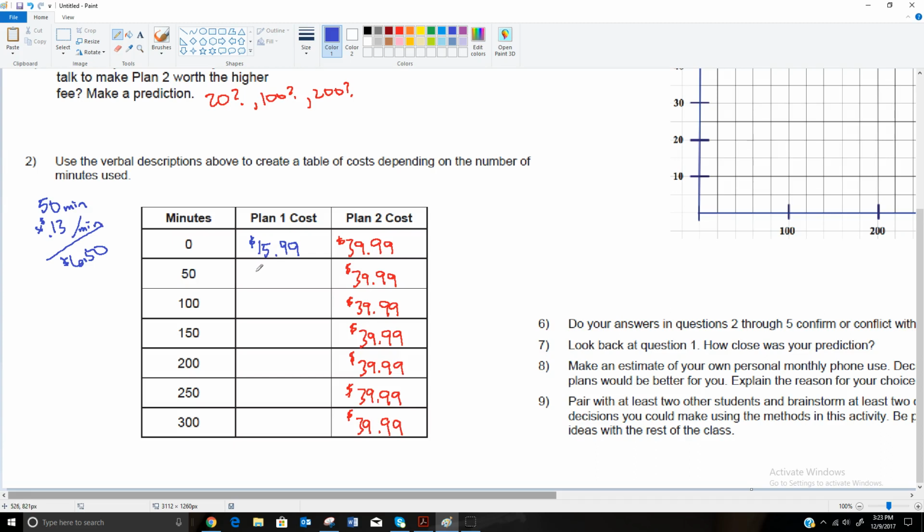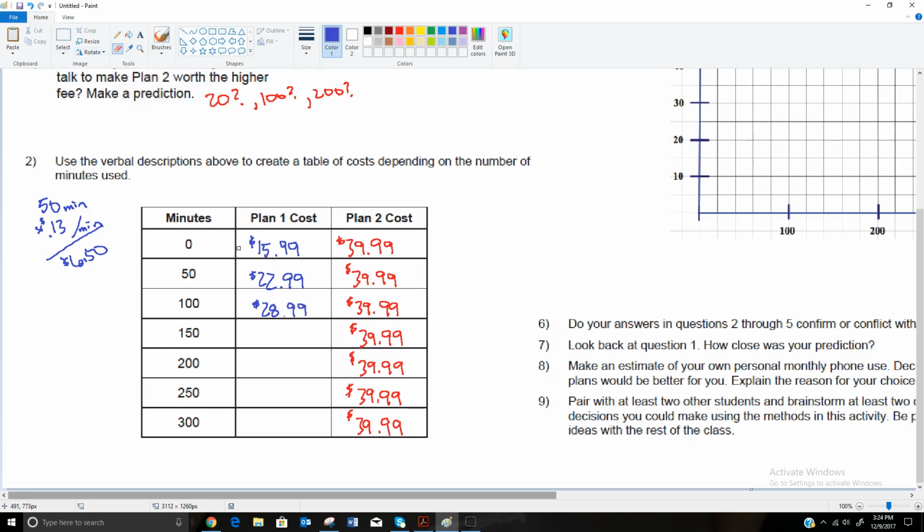It's essentially 16 plus 6.50, but so $24.90. I'm sorry, $22.99. And then we're going to add another $6.50, and that's going to put us at $28.99. Oh, I'm just riddled with errors here.